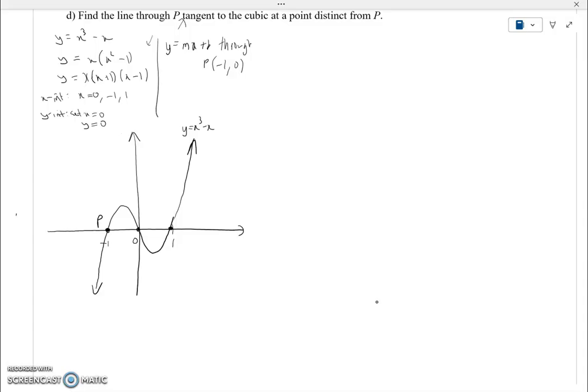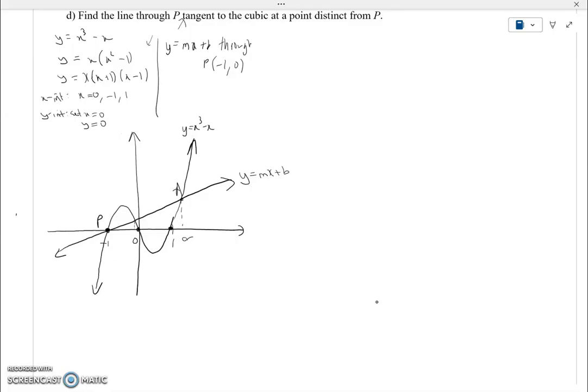So we'll just draw a general line through P that I know will cross twice. This y equals mx plus b is a variable line because m and b can vary. The only thing that we know for sure is that we go through the point P. The way I've drawn it here, this must be my point A, which has an x value of alpha.